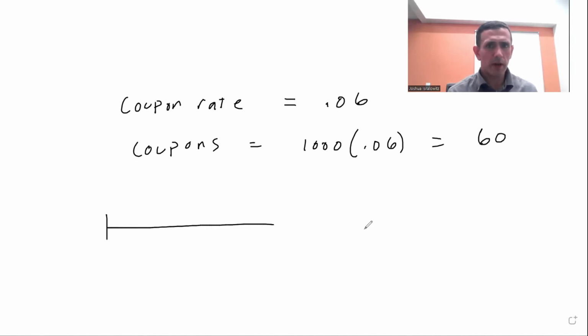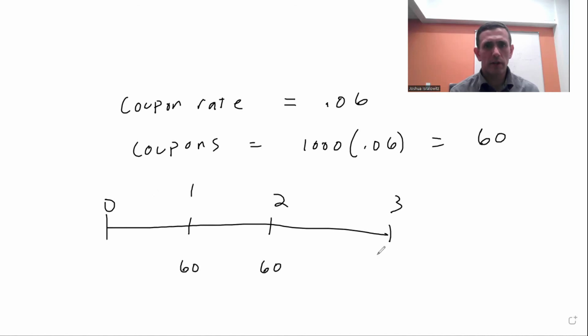So here's my time diagram, 0, 1, 2, 3. So usual bond, got $60 coupons. Here it's annual coupons. Unless otherwise stated, coupons are every 6 months. This is otherwise stated.